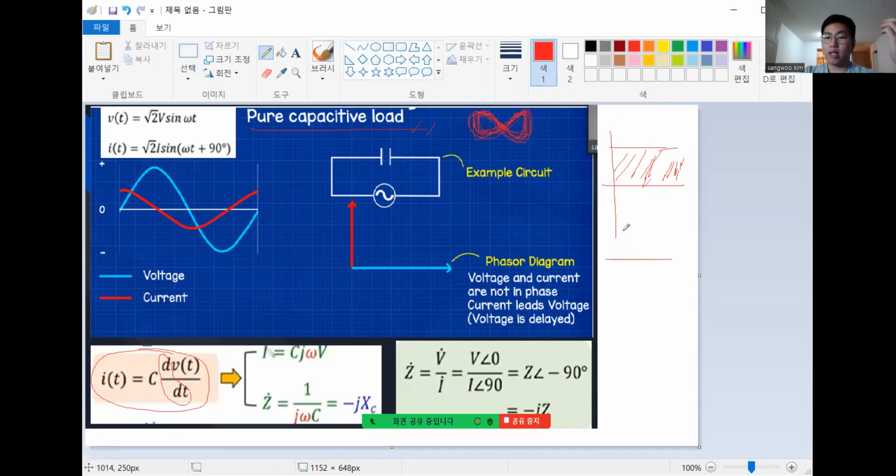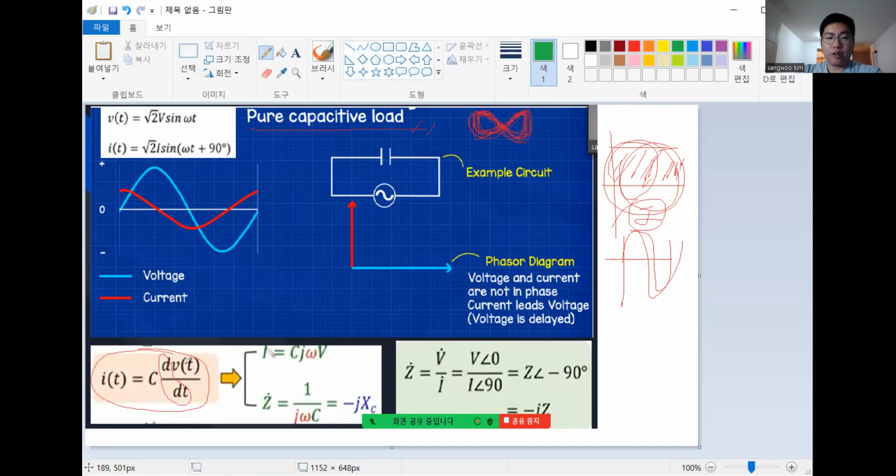But in the AC, the voltage changes, right? So that's why I is induced. But this part, they prevent the DC current, right? So that's why we also say this is reactive power. I'll explain more about it. Let's look at more.